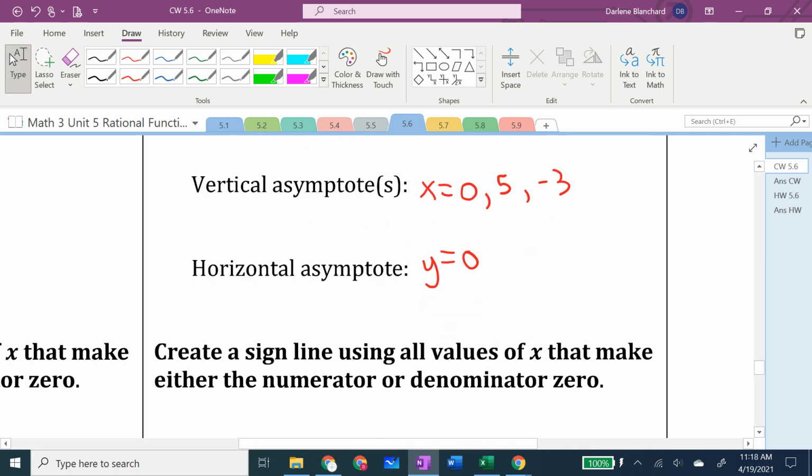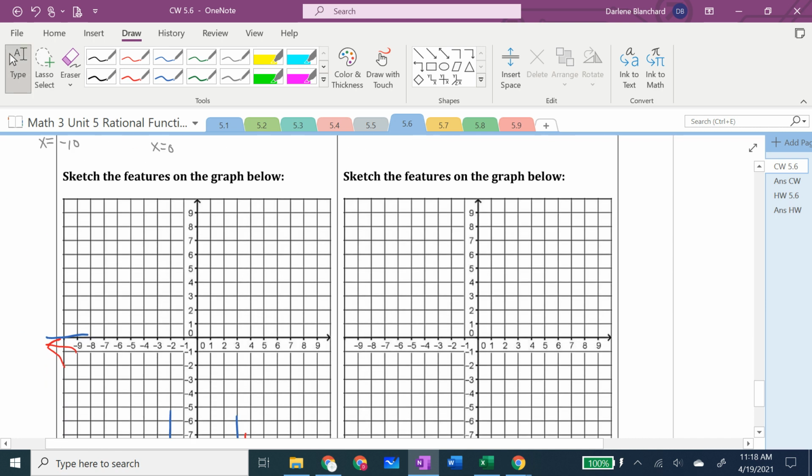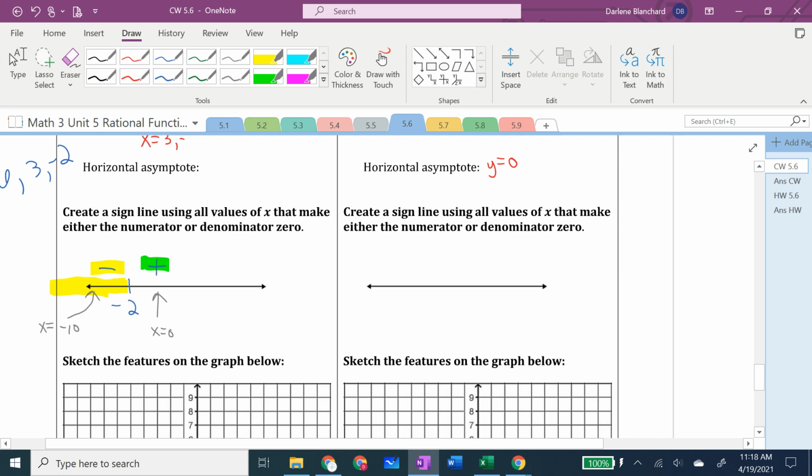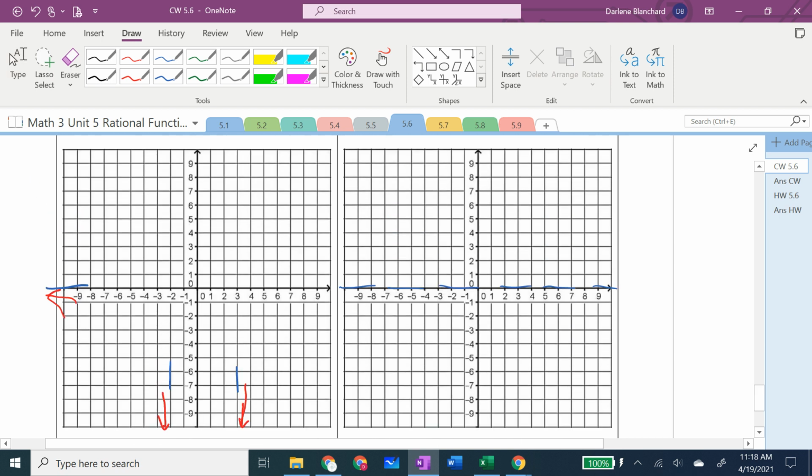Now I'm going to draw the asymptotes. I've got an asymptote y equals 0. And then vertical asymptotes of 0, 5, and -3.